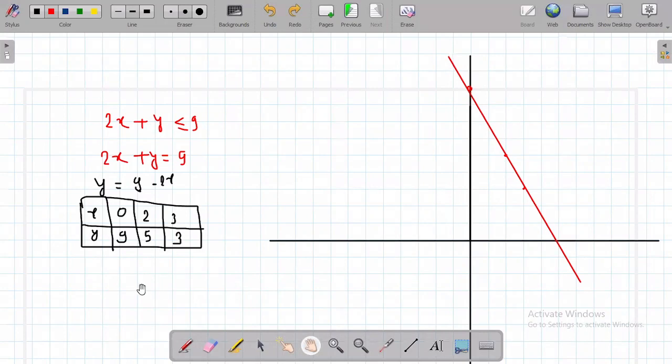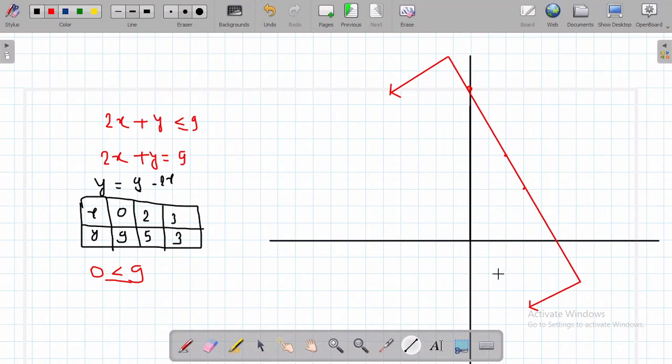I mean to say, test the origin. Testing the origin, 0 is less than or equal to 9, which is true. So origin true means the region will be towards the origin. Now you can show the arrow towards the origin.